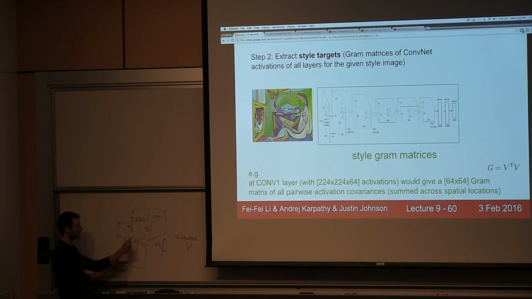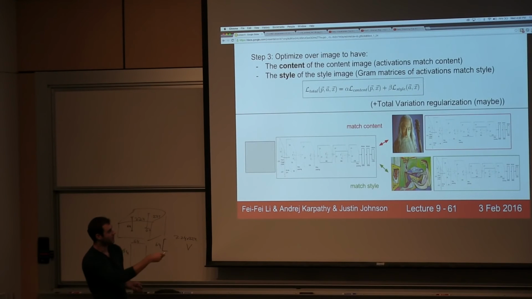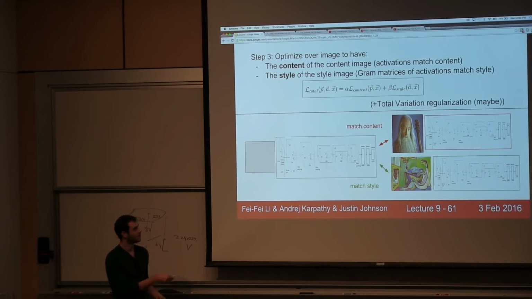I think it's just a matrix of how often the features across this depth like to fire together. That's all summarized in this matrix, which is symmetric, and it just stores what neurons like to fire together. And that's what we're optimizing for with style. So when we're actually optimizing over this ConvNet, we'd like to have the same kind of pairwise statistics, but of the raw activations.